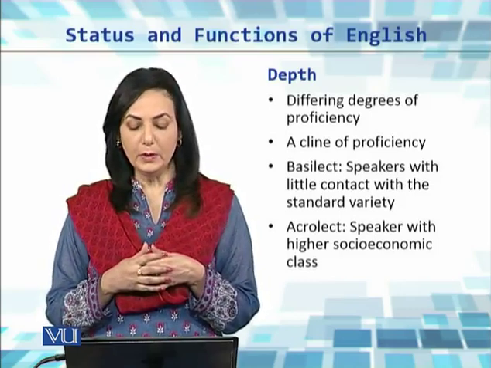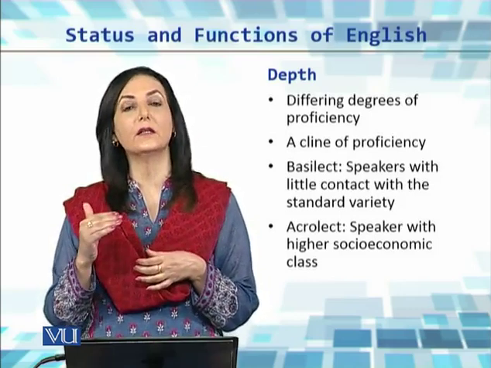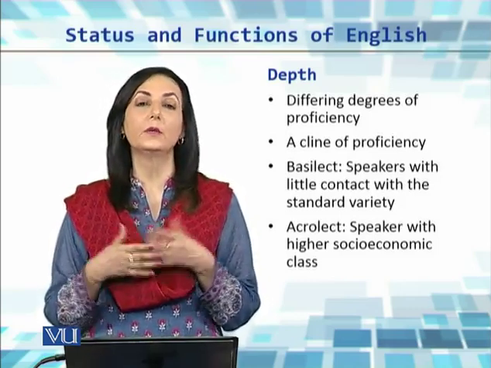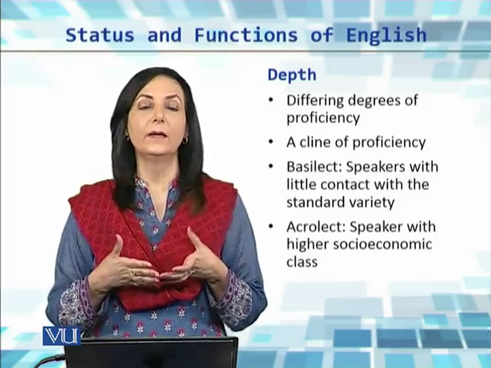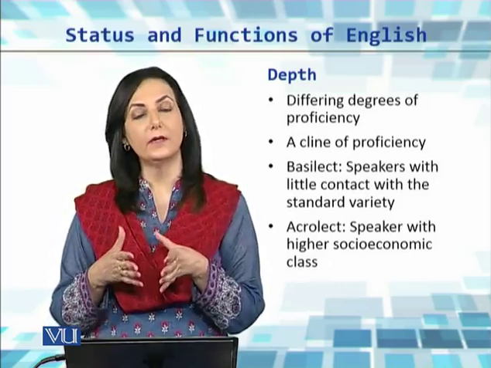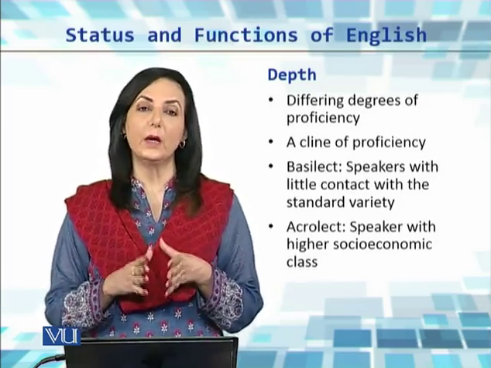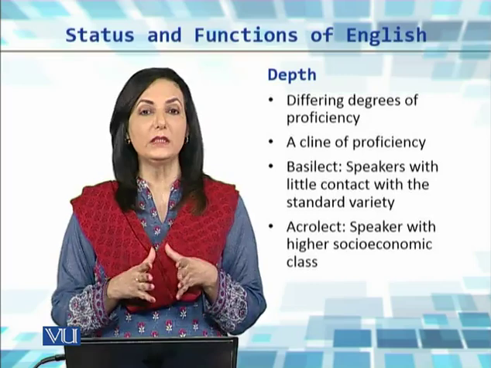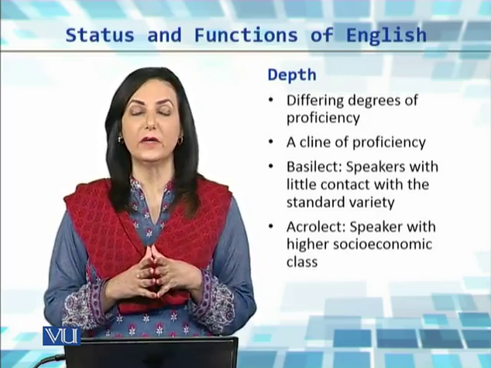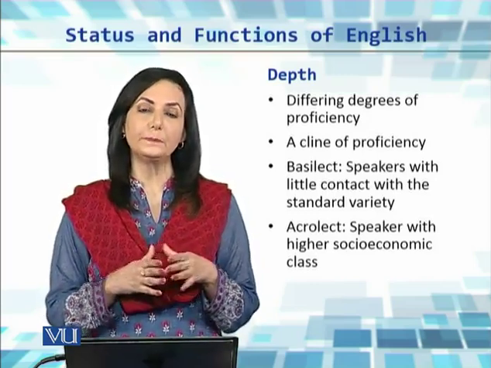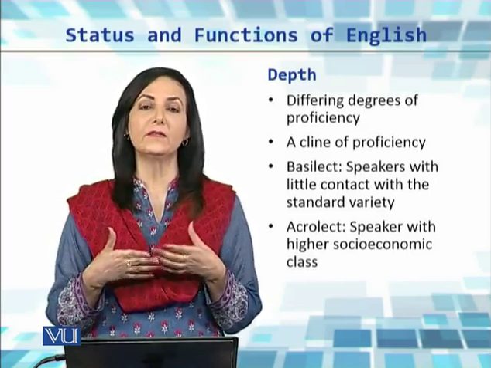And people who are at the higher socioeconomic level, who have better education, etc., they use acrolect, which means a standard form of English. So in outer and expanding circle countries, we see English performing a wide range of functions and also penetrating different levels of society.